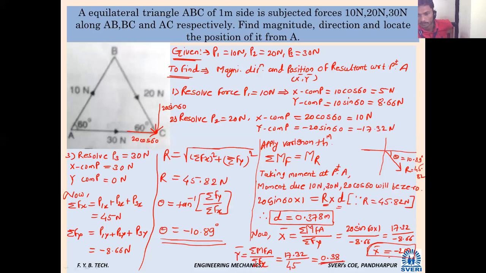This is our x bar and y bar. We just have to calculate the values of x bar and y bar, and it will indicate the position of the resultant.